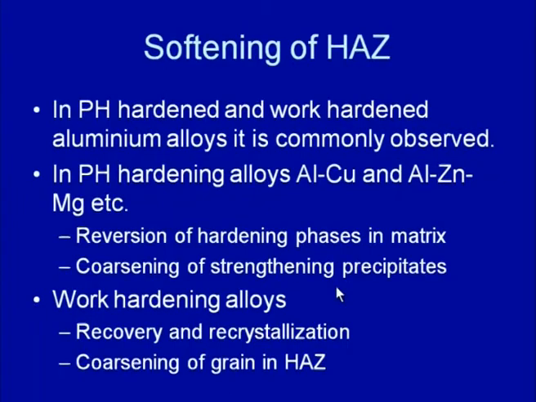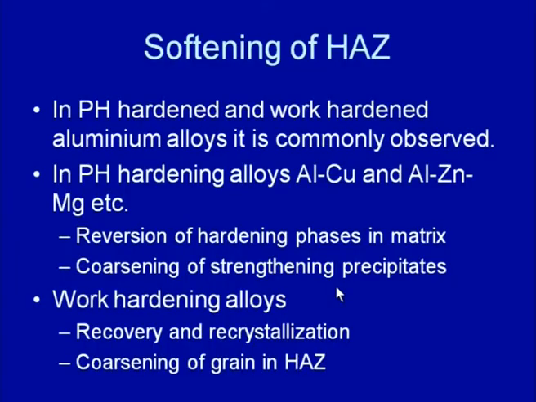Now, softening is another effect related to the welding of aluminum alloys, and it adversely affects their weldability. Softening of the heat affected zone is observed in both kinds of aluminum alloys, either precipitation hardenable or work hardenable.